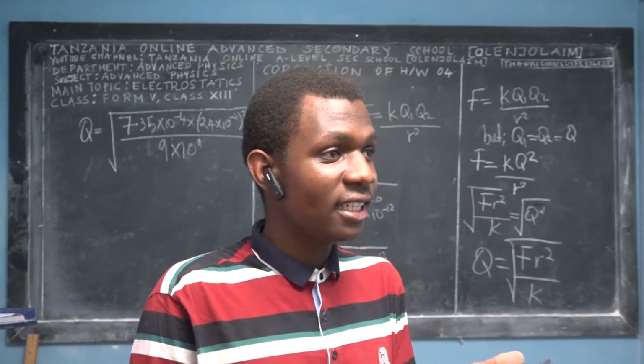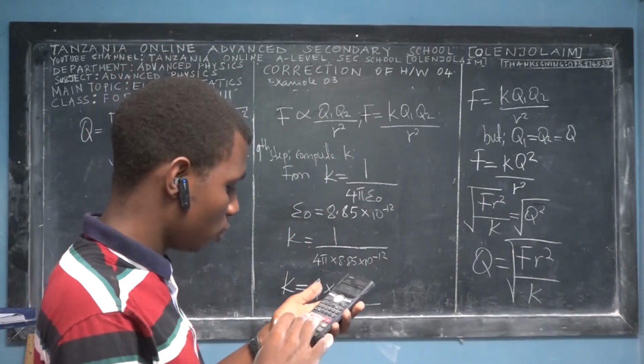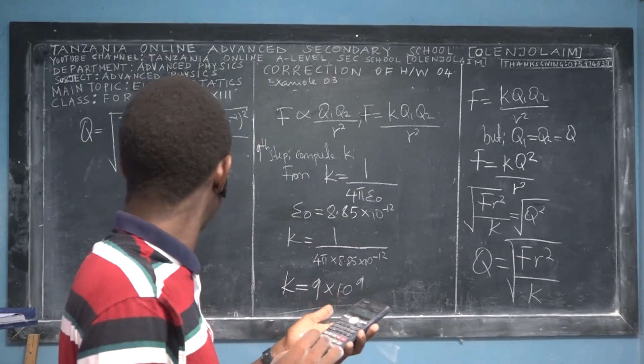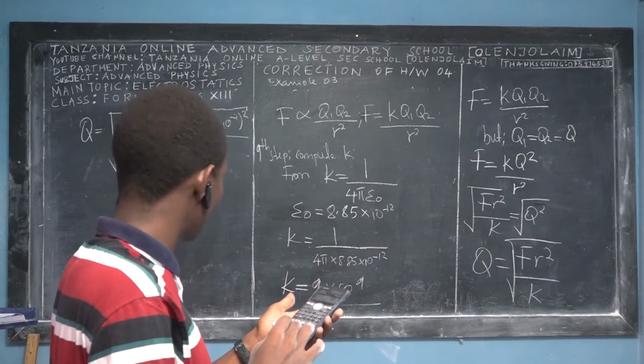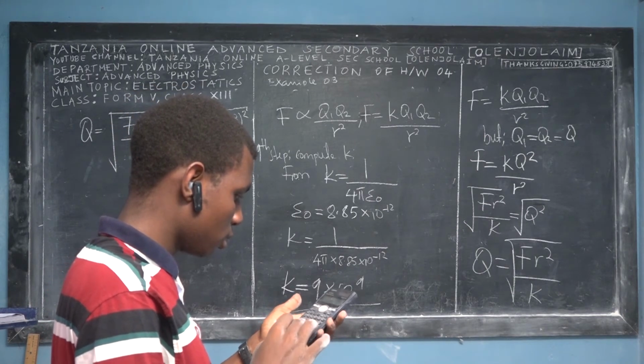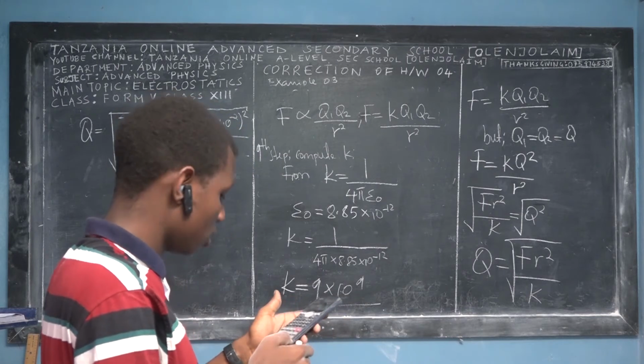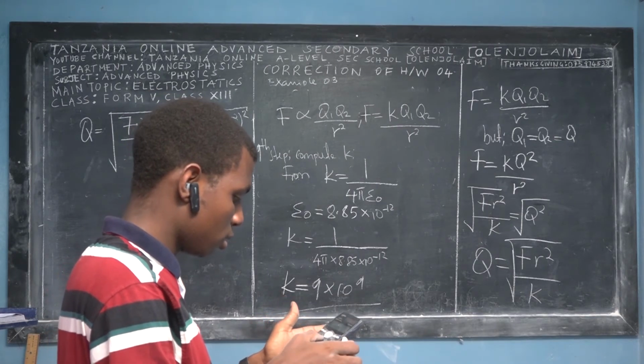Nine exponent 9 is equal to 7.35 exponent negative 4 times 24 square.